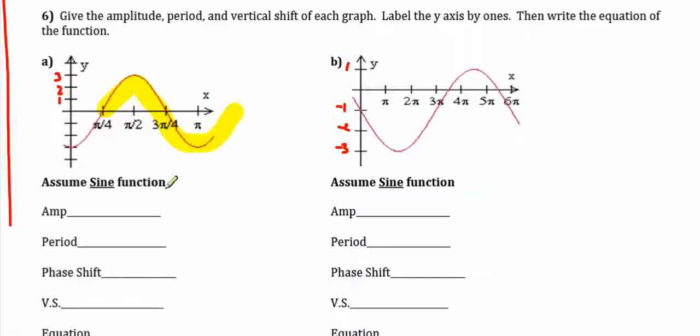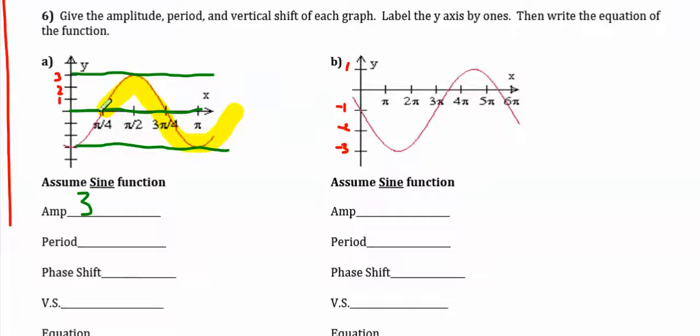All right, so my midline is at 0. My maximum is at 3. And my minimum is at -3. So that means my amplitude is 3.